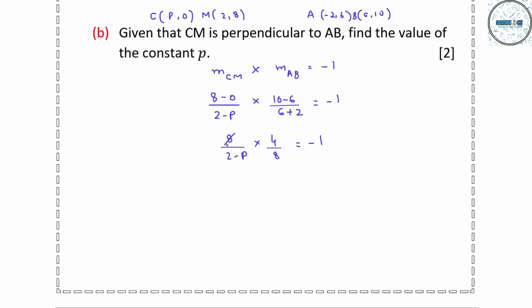We can cancel out this 4 and 4. We can multiply 2 minus p by minus 1. 4 is equal to minus 2 plus p. So p is equal to 6.